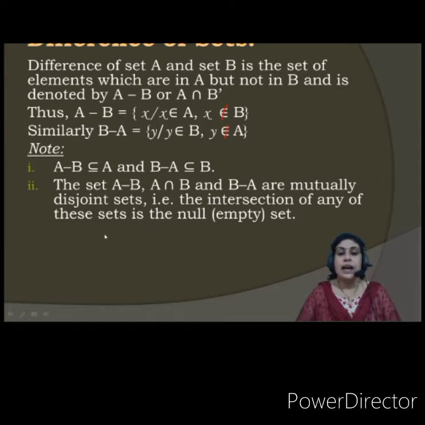Okay, so they are called disjoint sets. You can verify this with the help of an example. In my previous modules, I have already shown you how to verify. If you have doubt in any of these properties or notes, you can always take some examples already given in your textbooks. Also, you can take a universal set, A set, B set, all these sets are already given.